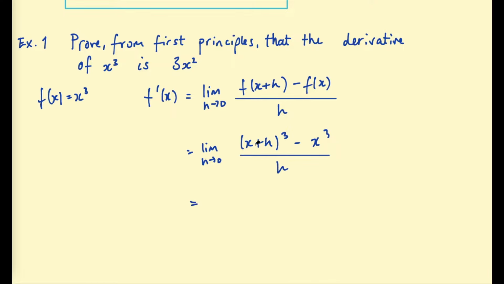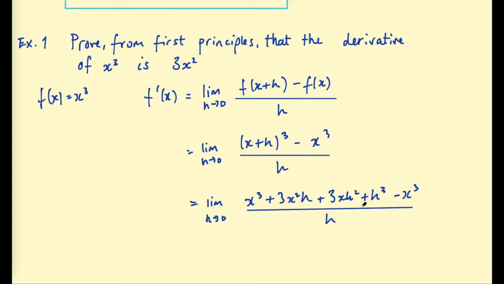And then we want to expand these brackets out. Here you might want to think back to the binomial theorem if you want to take a bit of a shortcut. That says if we expand this out, we're going to get x cubed plus 3x squared h plus 3x h squared plus h cubed, take x cubed, all over h.